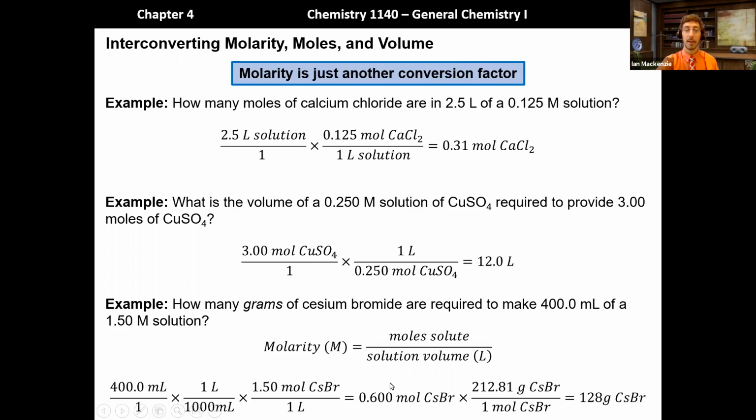And then that comes out with a certain number of moles of cesium bromide. Now, I'm asked not for moles, but for grams. So the last part is I need to use my molar mass conversion factor to go from moles to grams. So the molar mass is 212.81 grams of cesium bromide per mole. I arrange that so that I'll cancel my moles and I'm left with grams. And that's how we use concentration in a quantitative fashion.